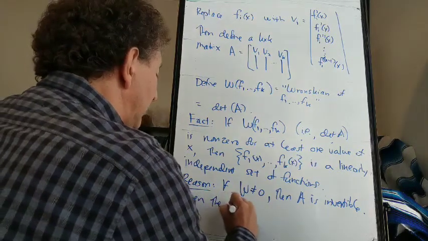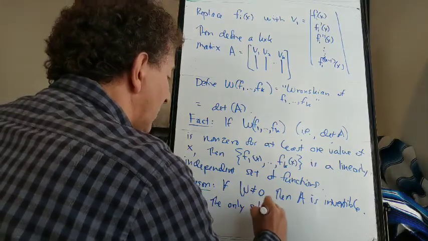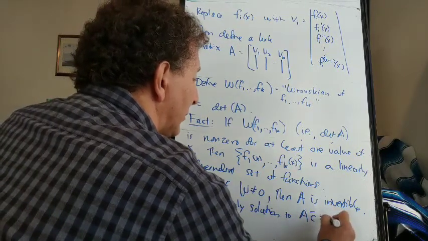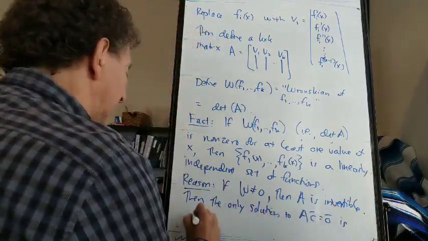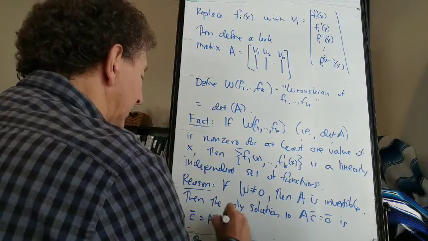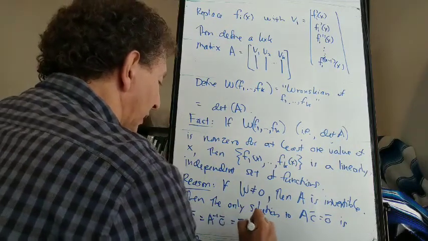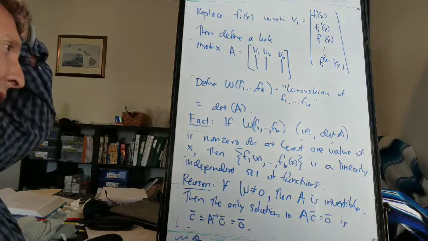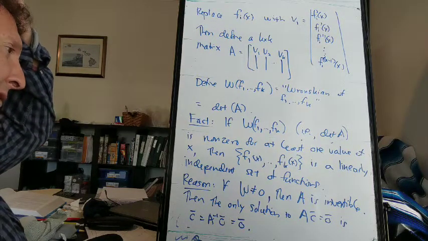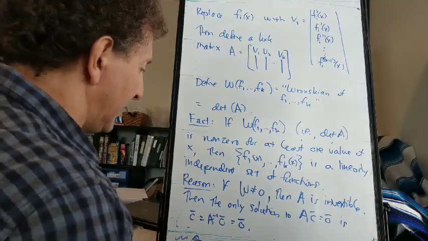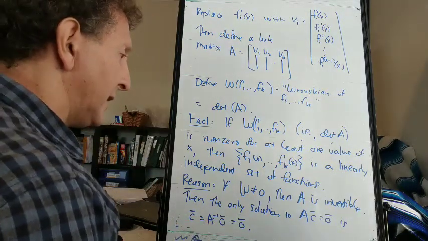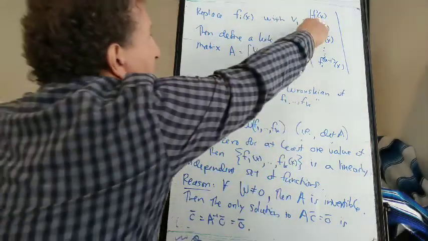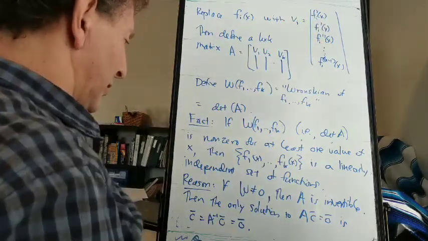Then the only solution to A c bar equals 0 bar is c bar equals A inverse 0 bar, which is just 0 bar. And the first row of A, so we've got the functions in the first row.